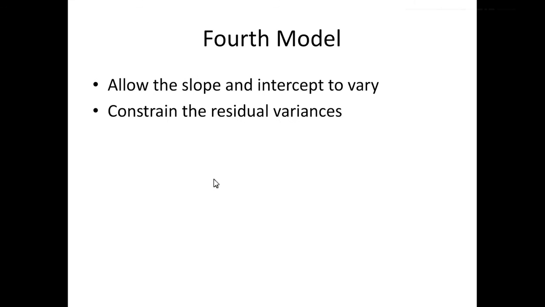Okay. That fourth model, this should be the best model, is where we're going to allow our slope and intercept to vary. And so we're adding the slope mean. This is where you're finally going to get the estimate of how much people are going up or down across time. We're still constraining those residual variances. So this is where you have, where did they start and how much did they go up?